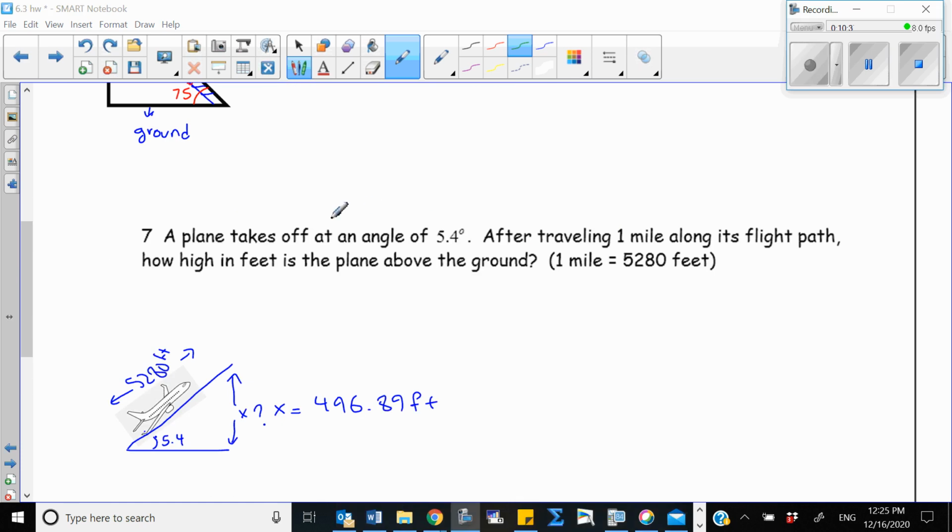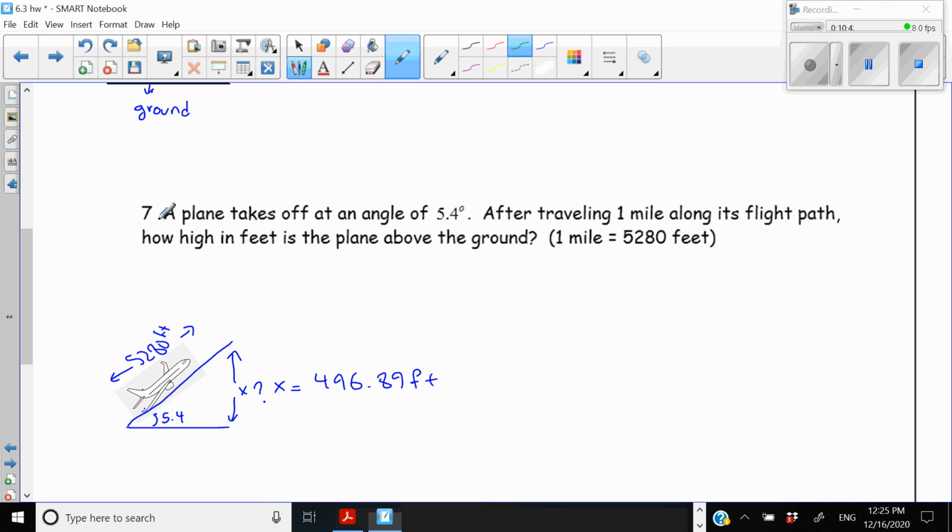Okay, now let's start working on some of the word problems here. I'm going to start with number 7. A plane takes off at an angle of 5.4 degrees. After traveling for 1 mile along its flight path, how high in feet is the plane above the ground?